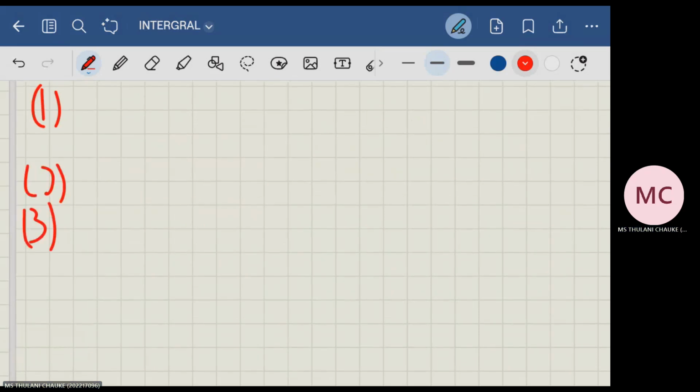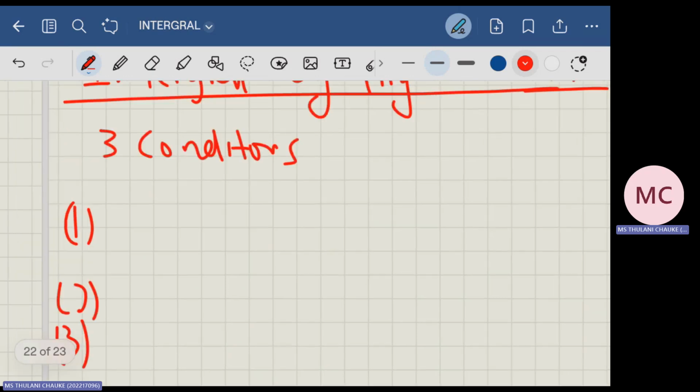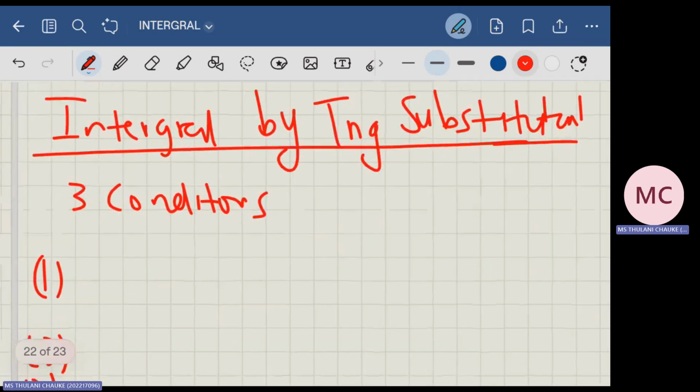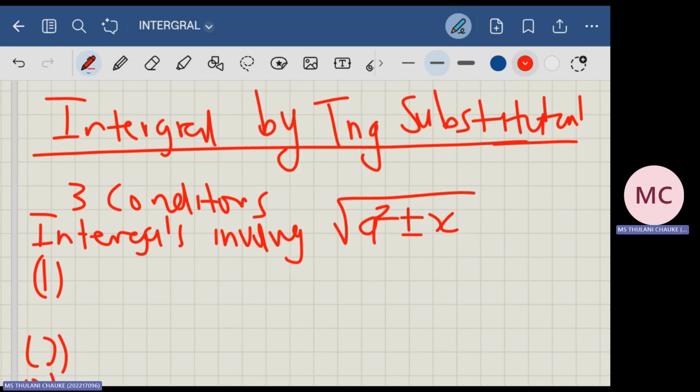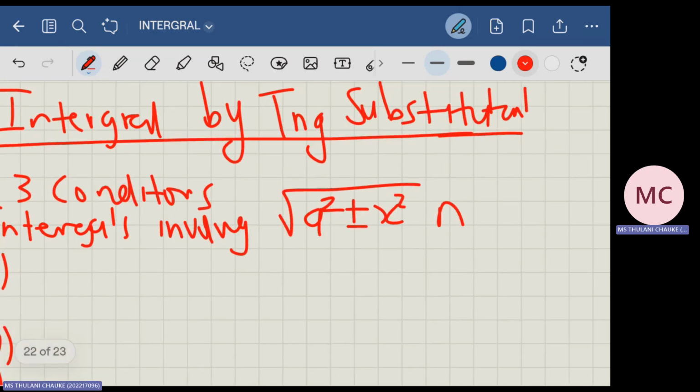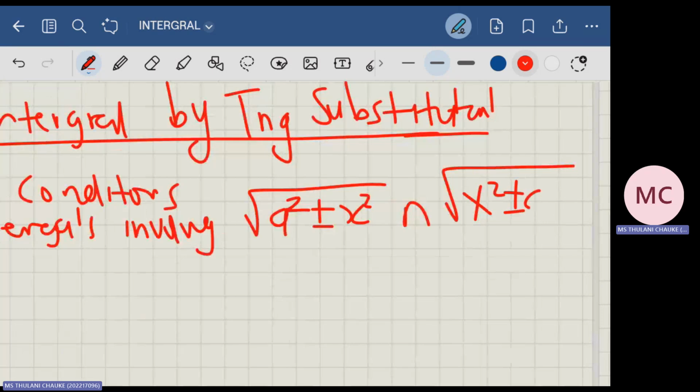Here we're dealing with integrals of this form. Integrals involving the root of a squared plus or minus x squared, and also the root of x squared plus or minus a squared.